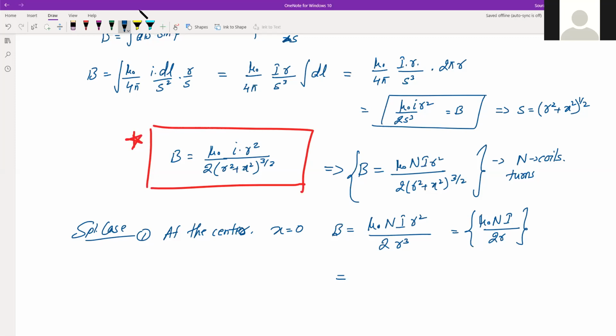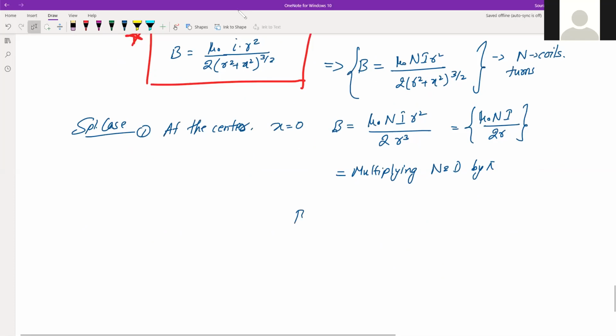So if I multiply the numerator and denominator by pi, this B in case of the center becomes mu naught n I pi r square divided by 2 pi r cube.